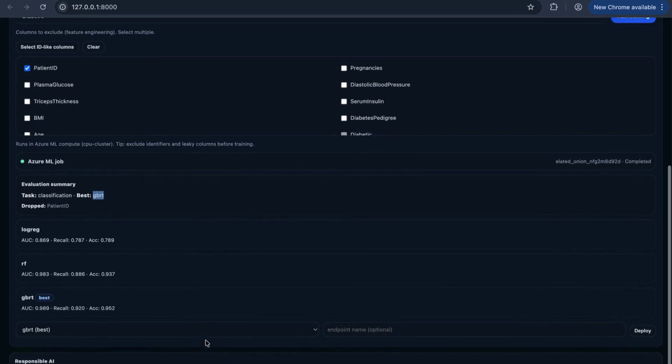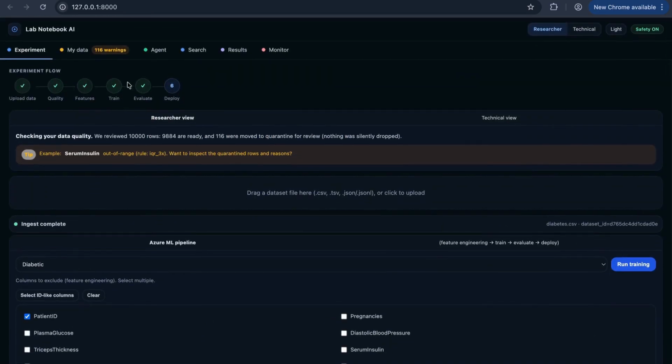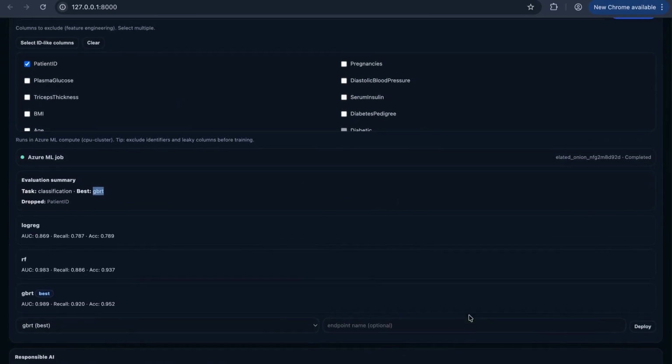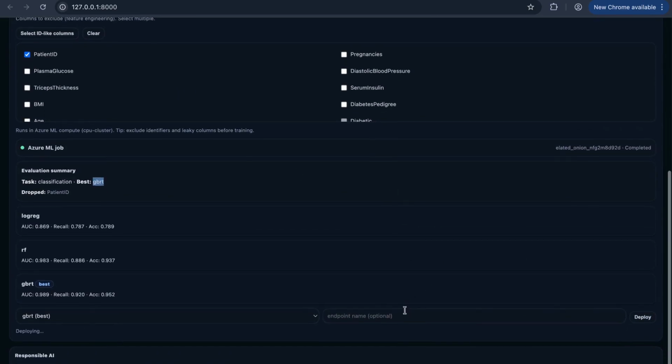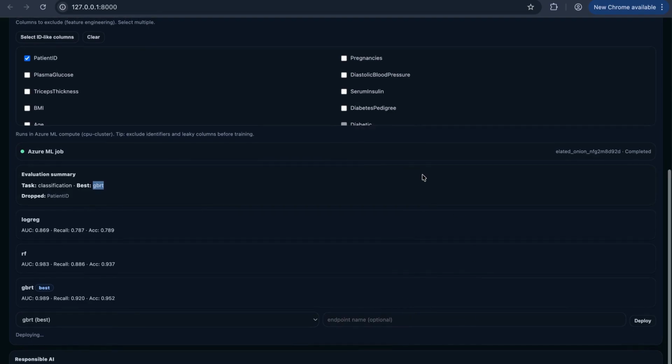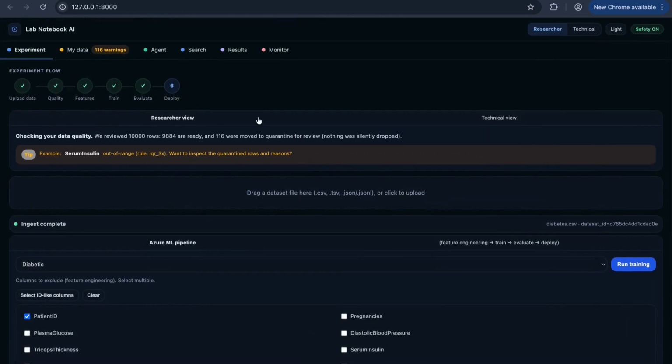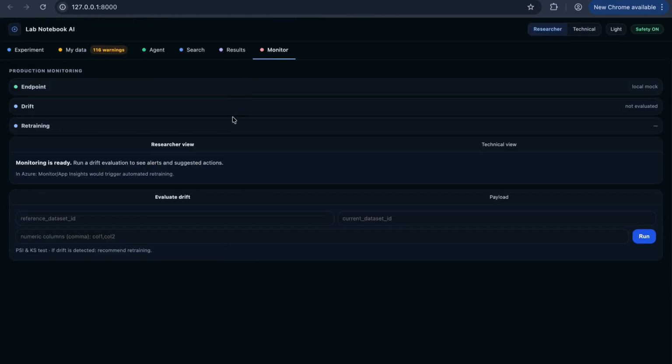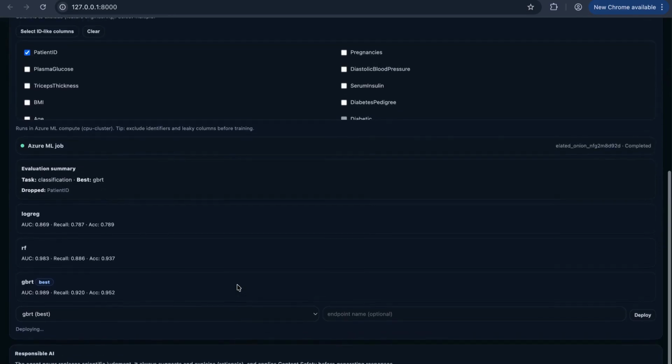Since we have just trained and evaluated, we are now at the last step, which is deploy. We can deploy our model, and now it's registering in our Azure instance. In the last step, monitor, we have the endpoint, which right now is local because we are just deploying.